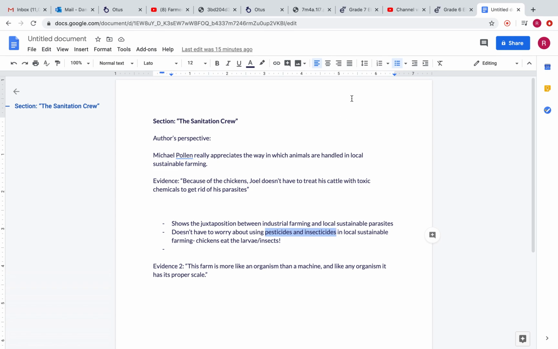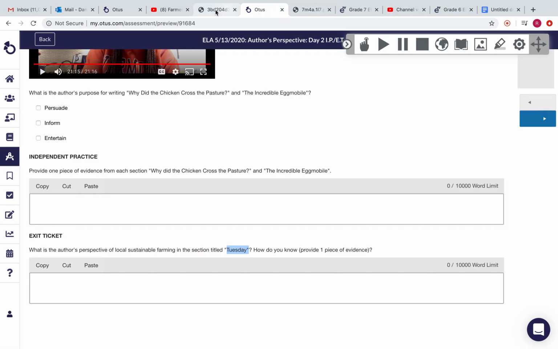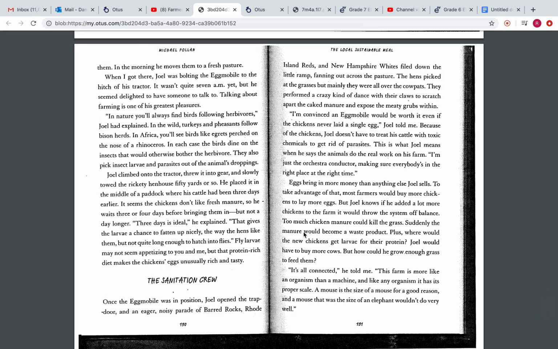Now, obviously, with the way farming is done in local sustainable farming, they won't be able to produce mass production on the level that takes place in industrial farming. That is simply not possible. But you can guarantee that everything will be fresh, natural, and healthy.